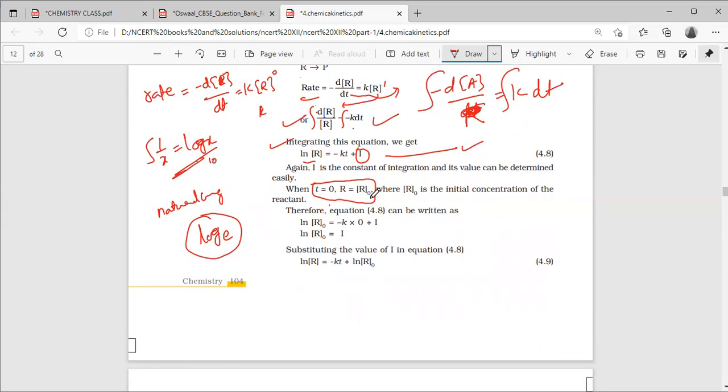The reactant concentration is R0; the 0 always indicates initial, fresh. Putting these values in this equation, we get I equal to ln R0. Then putting this ln R0 value in this equation, we get this equation. This much clear now?